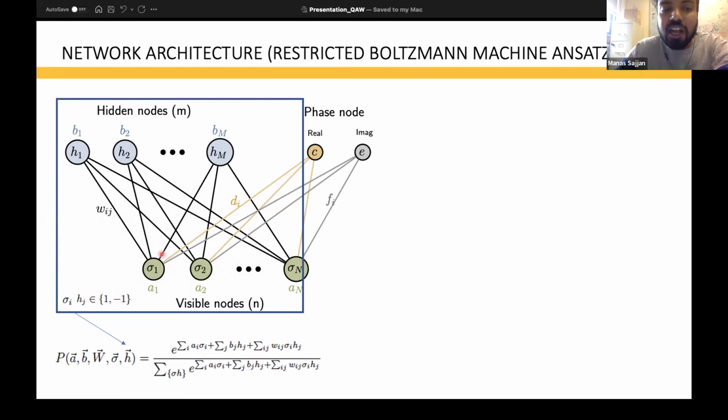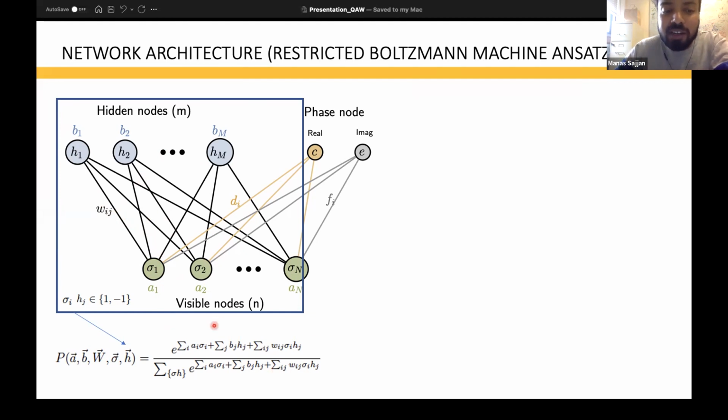It is essentially a graph which connects two spin registers. One of them has been denoted by sigma, and the other has been denoted by h. The a's and the b's are the local magnetic fields or the biases at the spin registers, and the W_ij matrix elements are the interaction between the two spin registers.